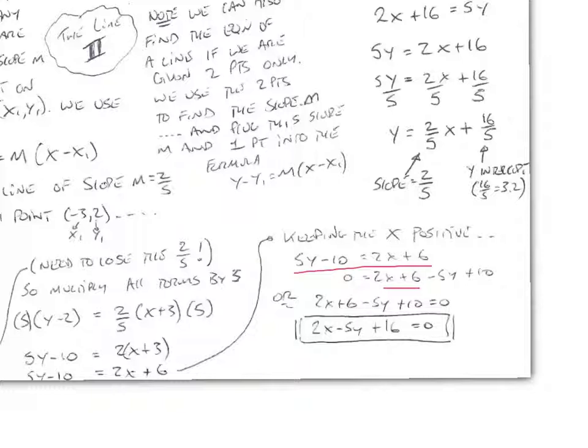So we have 2x plus 6 minus 5y plus 10 equals 0, to leave us with our equation, which is 2x minus 5y plus 16 equal to 0.